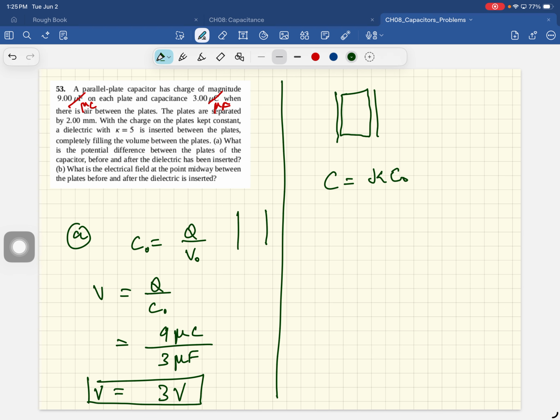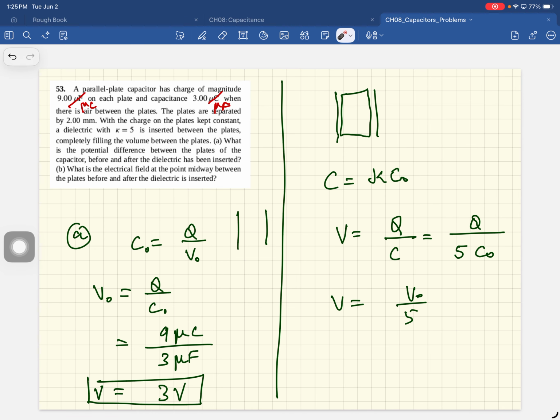So how do you look at it? If you look at this, you can think of this as 2 capacitors connected in parallel. So here's one capacitor with this dielectric, and here's another capacitor with this dielectric, and those 2 are connected in parallel.